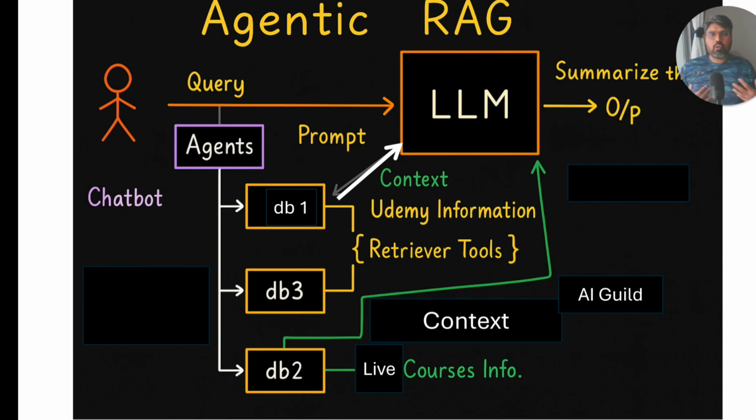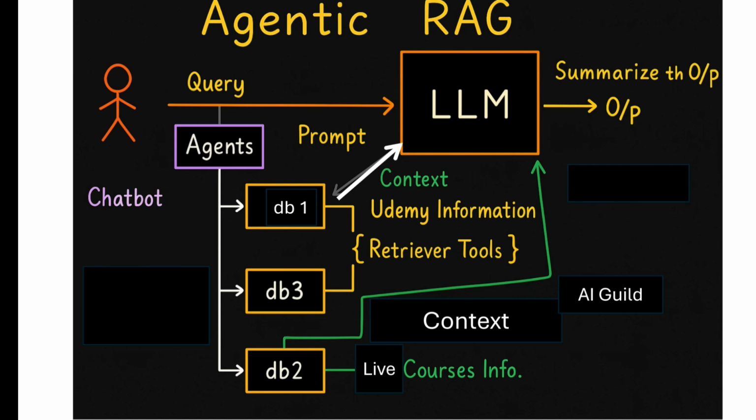When you ask a question about what is agentic AI, the query does not go directly to the large language model. There is an agent that understands where this should be sent. It has some intelligence to understand that agentic RAG information has to be sent to the live courses info, because it is not there in Udemy.